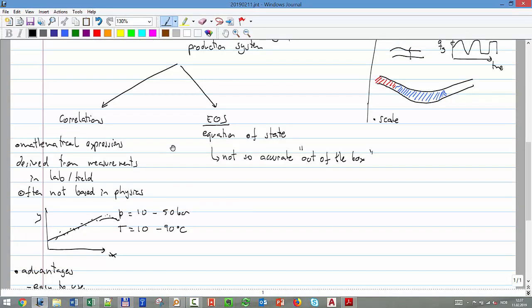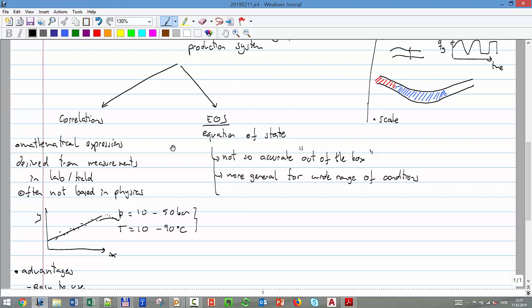Not so accurate out of the box, it is more general for a wide range of conditions. It's not limited to the conditions where you developed the correlation. You can take it for outside of these limits.